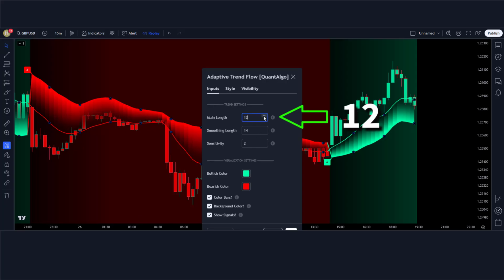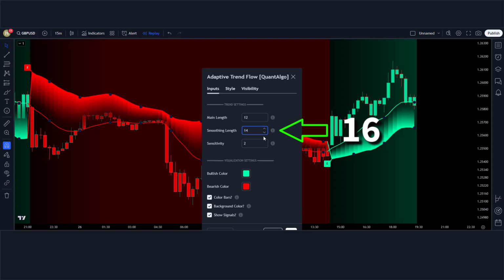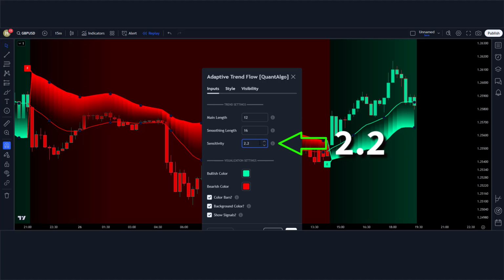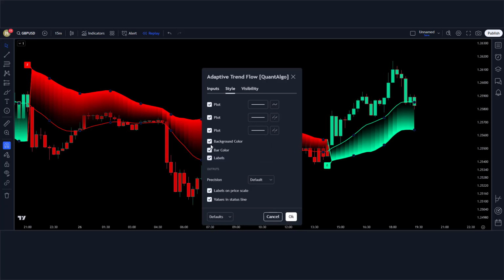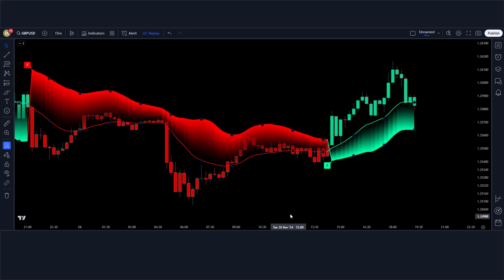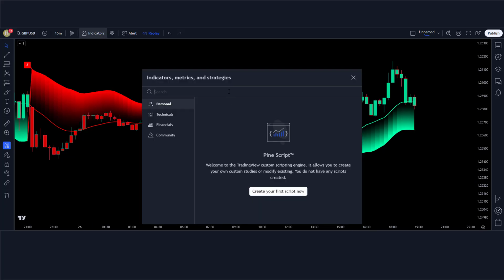Main length 12. Smoothing length 16. Sensitivity 2.2. After that we have to apply another indicator on the chart.